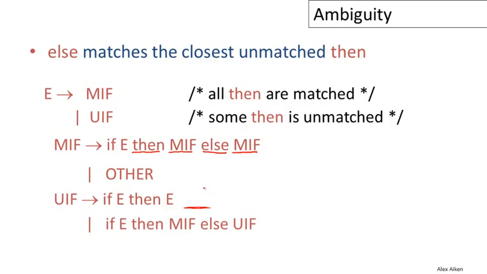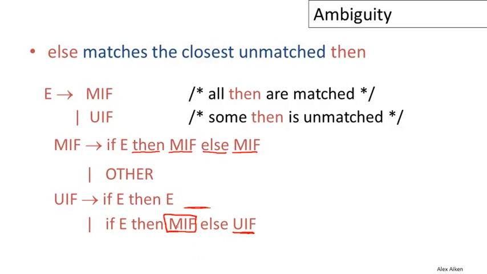And now the crucial case: what if we have an if-then-else so that the top level if-then has a matching else, but the unmatched if is somewhere inside? Well, then we claim that the unmatched if has to be in the else branch. It cannot be in the then branch. The then branch must be a matched if.